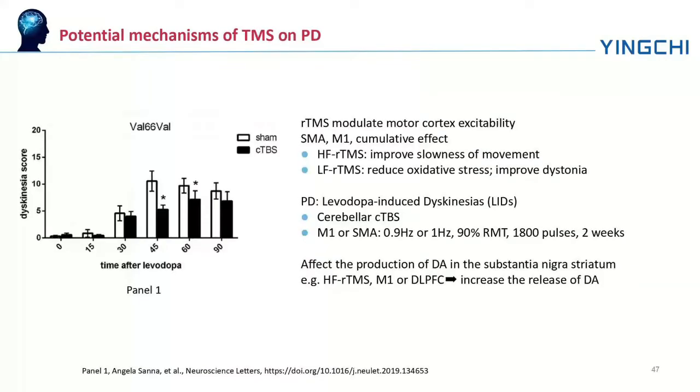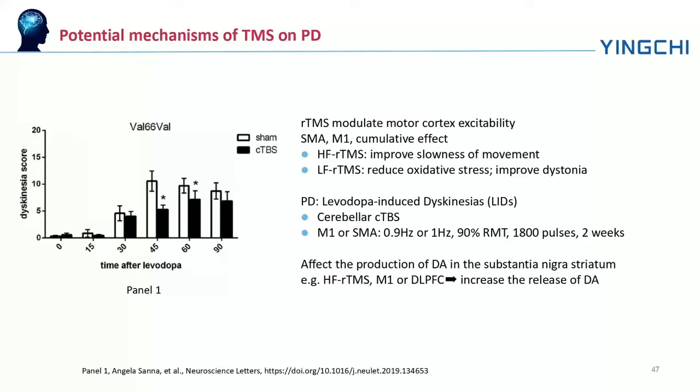We have introduced before that TMS can also help to reduce levodopa-induced dyskinesias, with cerebellar CTBS or low-frequency rTMS targeting the M1 and SMA area.